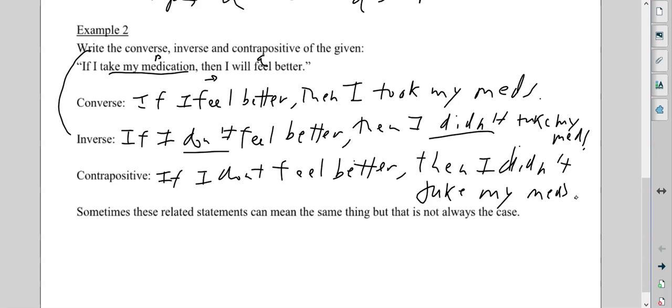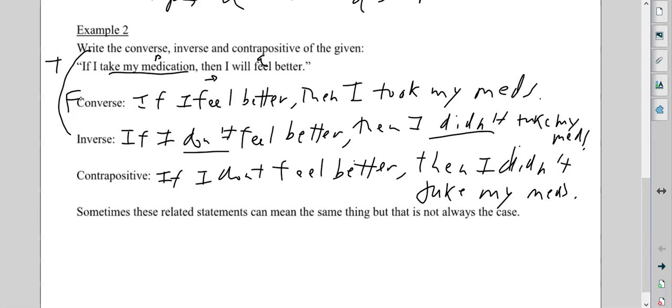So sometimes these related statements can mean the same thing, but it's not always the case. Now let's look at the true statements. So if I take my meds, I will feel better. Let's assume this is a true statement, because I know that when I take my meds, I feel better. So true. If I feel better, then I took my meds. Well, that's saying that's the only way you could feel better, and that's not necessarily the case. You could feel better even though you forgot to take your meds that day.